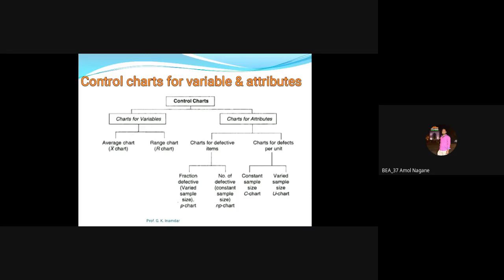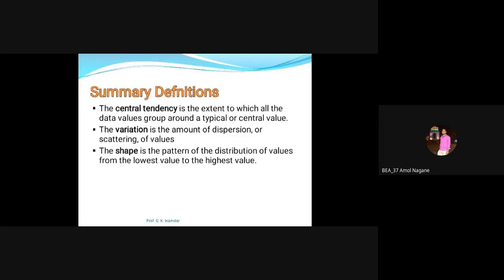Now charts for defects per unit: the c chart for constant sample size and the u chart for variable sample size. This point we also have to discuss in sampling. Now the summary definitions. Central tendency is the extent to which all the data values group around a typical or central value.